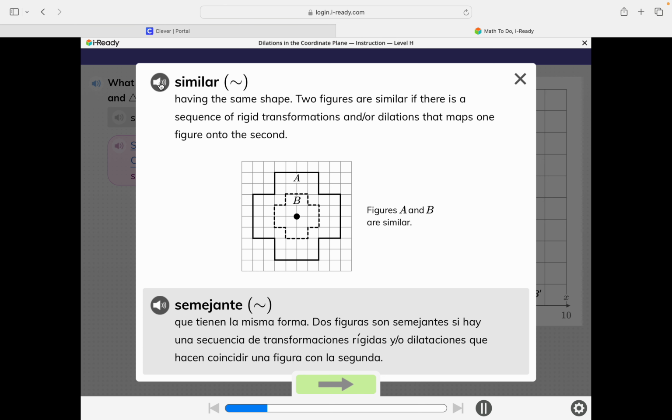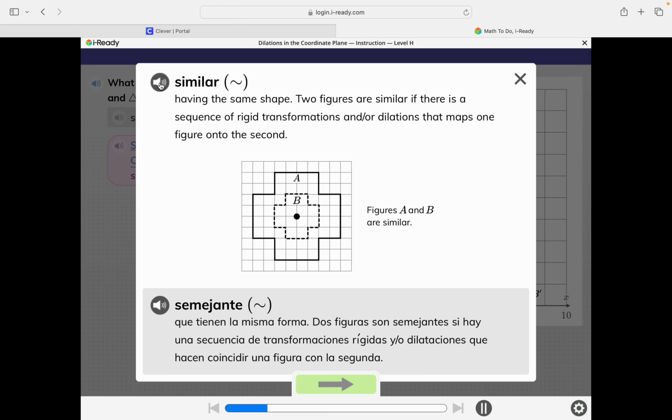Okay. This is a congruent sign. Congruent means exactly match. That means everything is the same: same size, same angle, same shape. Okay, now similar.